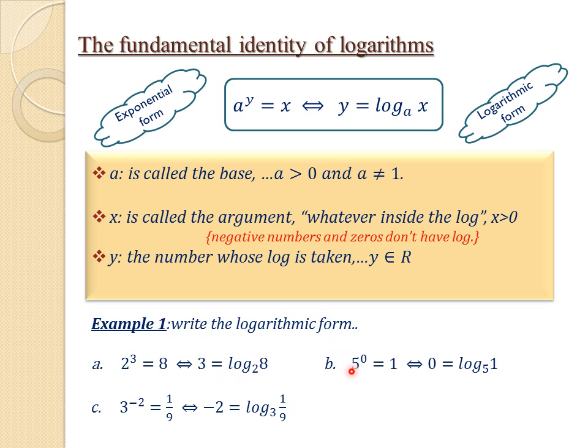Here, 5 power 0 equal 1. So this is going to be logarithm 1 to base 5 equal 0. And in this case, we have 3 power negative 2 equal 1 over 9. So then logarithm 1 over 9 base 3 equal negative 2.